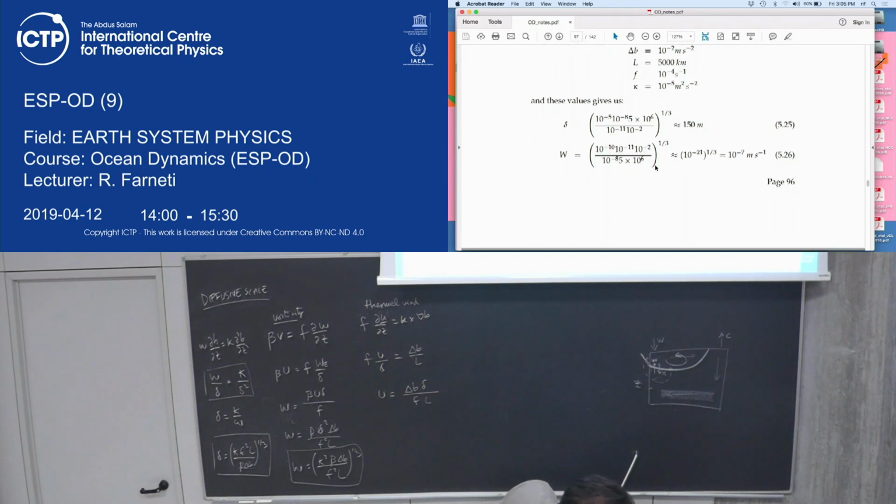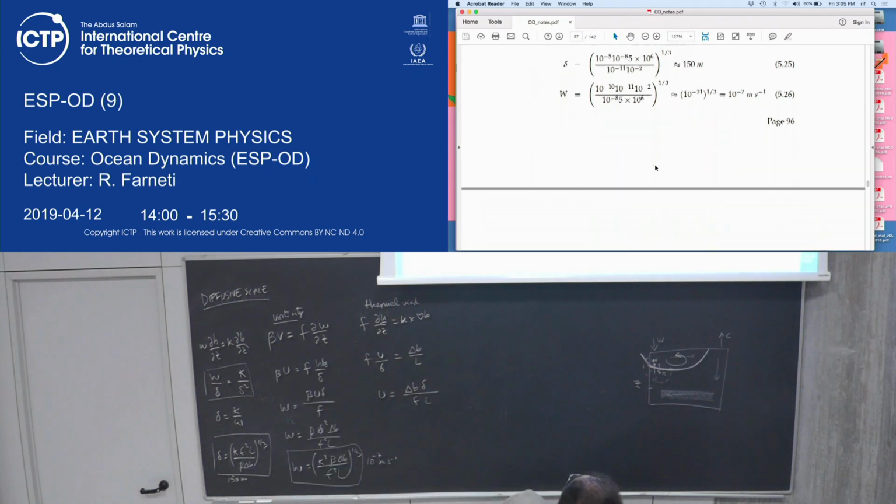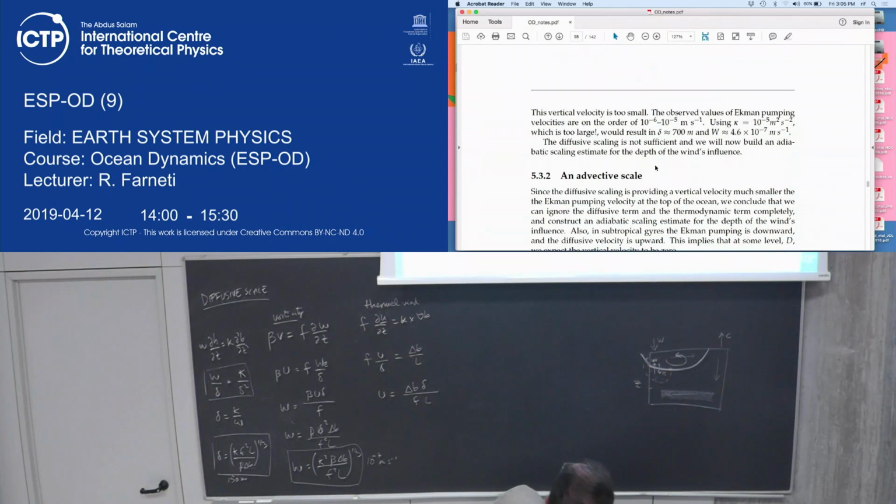Let's put this here, 150 meters, and this is 10 to the minus 7. Okay, this is for a diffusive only thermocline.